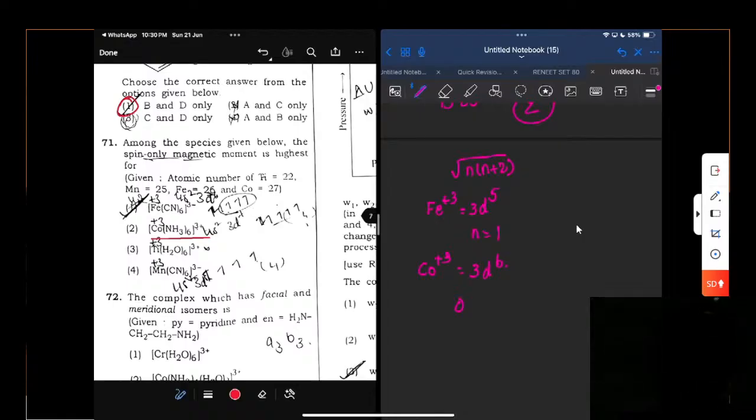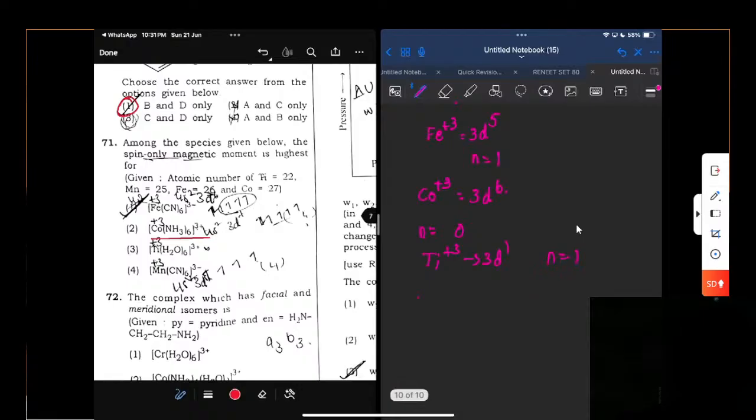Low spin means strong field ligand, which causes pairing of electrons. When all electrons get paired, there will be no unpaired electron left. Next, the third one, [Ti(H2O)6]3+. Here titanium is in the +3 oxidation state, that is a 3d1 configuration, so n is equal to 1.